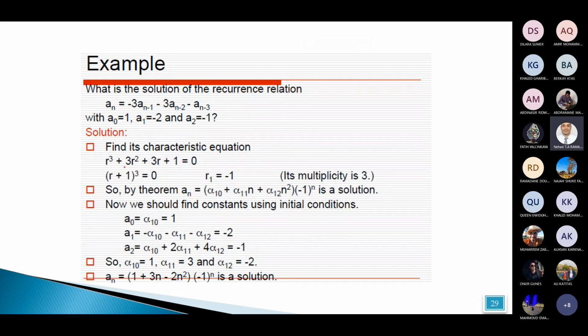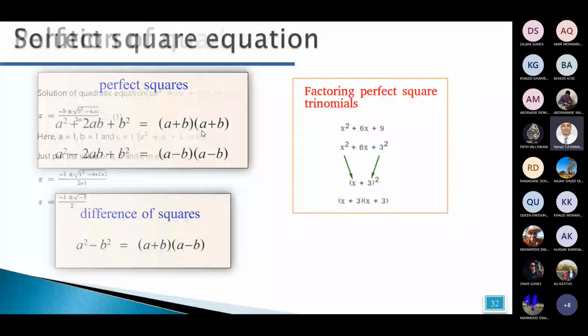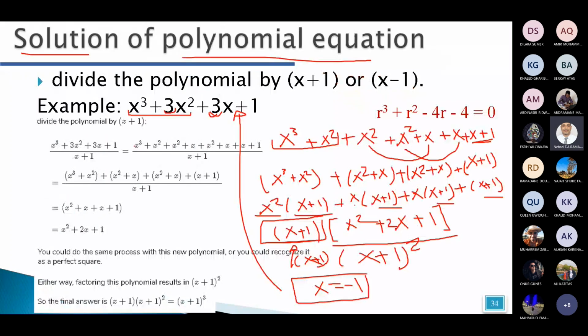Another equation. Look here, this polynomial equation, I already solved it with you. It's x to the power 3 plus 3x to the power 2, that I solved here with you. Yes, same equation.